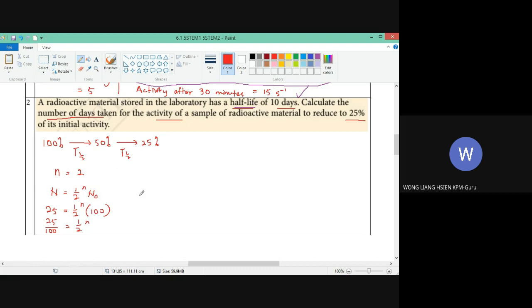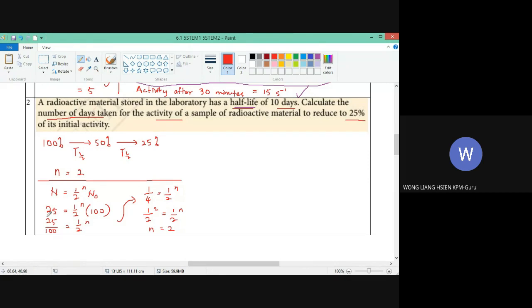So we continue here. This is 1 over 4. 1 over 4 equals (1/2)^n. So this will be (1/2)^2 equals (1/2)^n, so n equals 2. You can do it like this because this number is easy to see: it is 1 over 4.